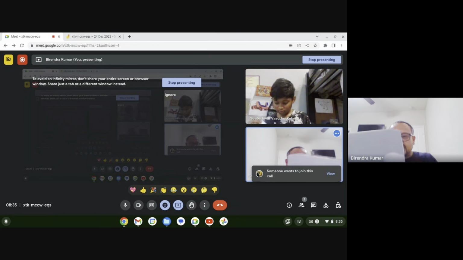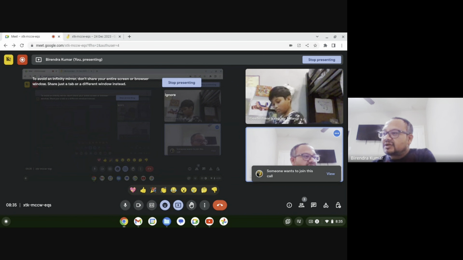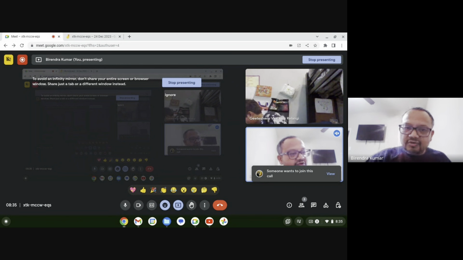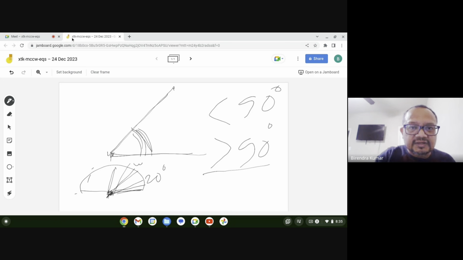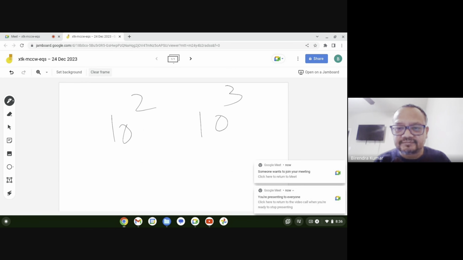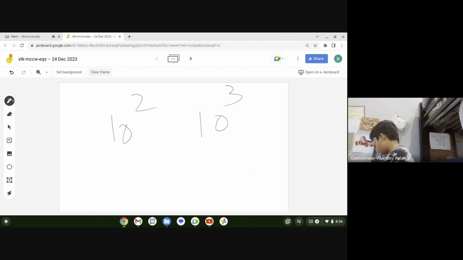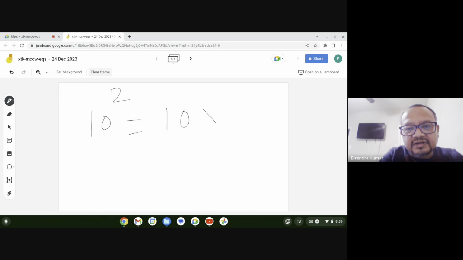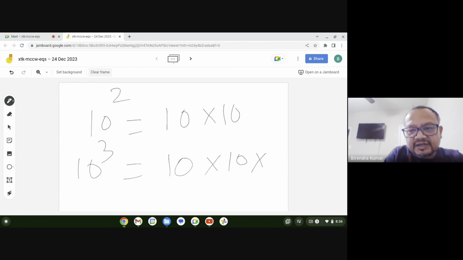All right. Then we'll talk about this. Do you know what this is? 10 square, 10 cube. 10 square is 10 into 10. 10 cube is 10 into 10 into 10, right?